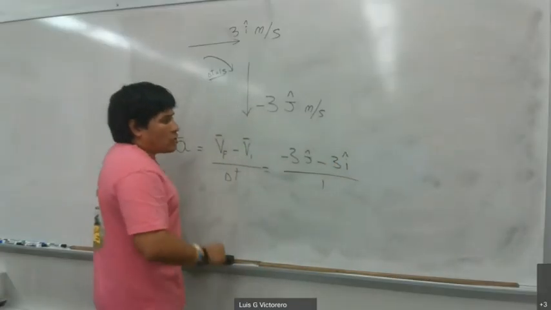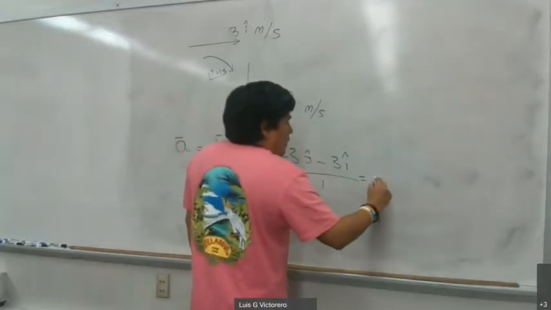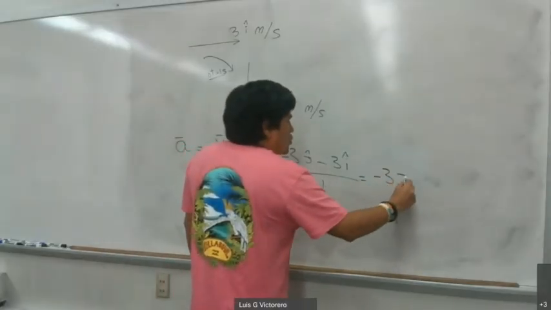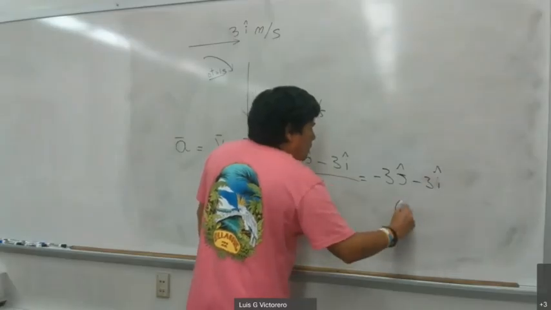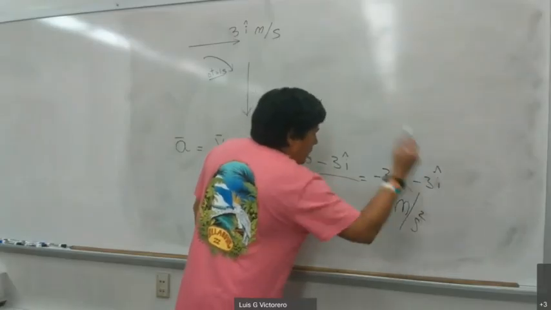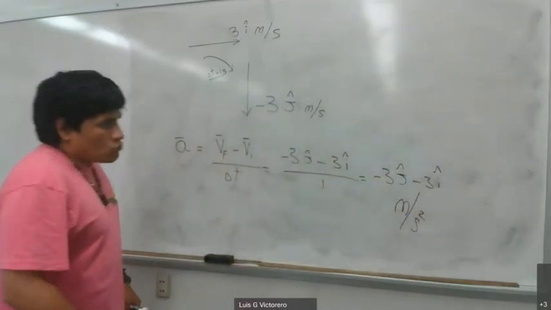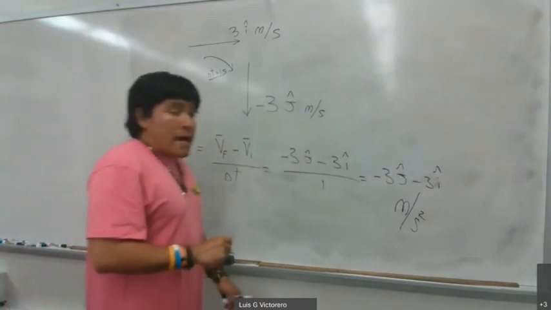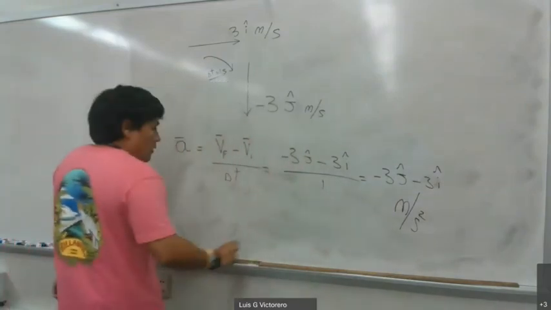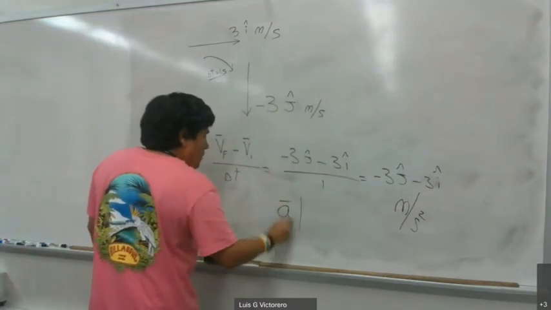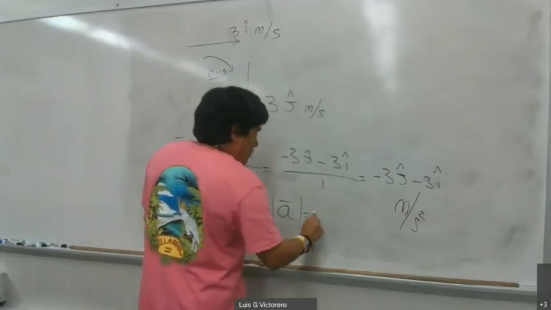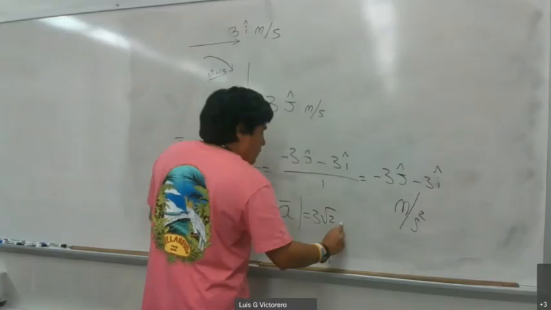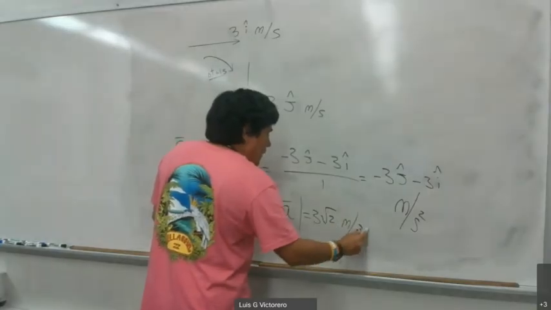So the acceleration is minus 3j minus 3i meters per second squared. Obviously, if I want to find the magnitude, that will be 3 root 2 meters per second squared if you use Pythagoras.